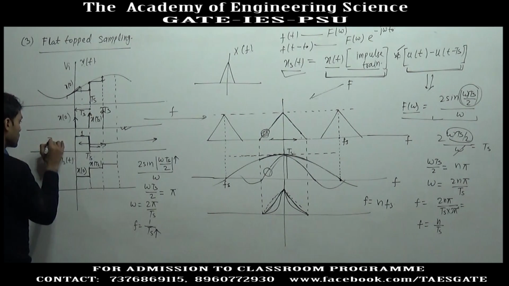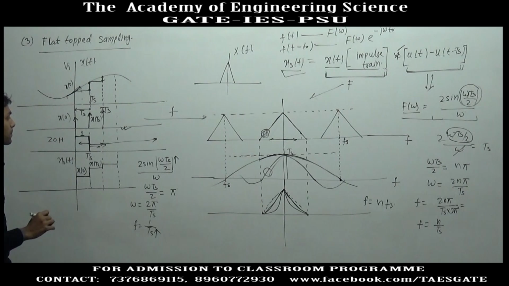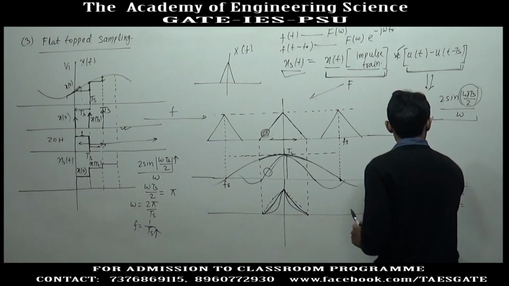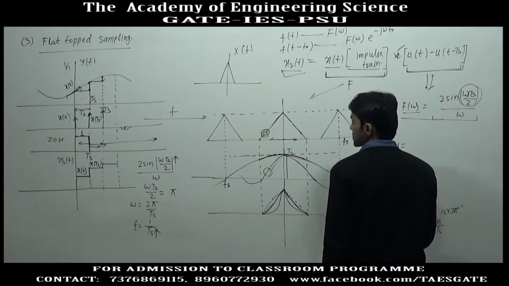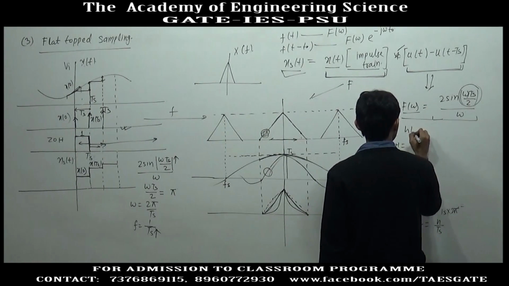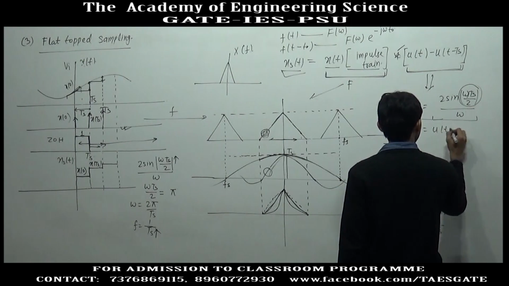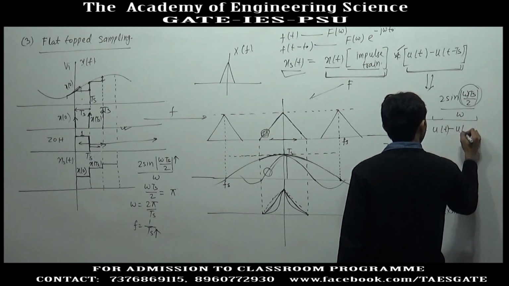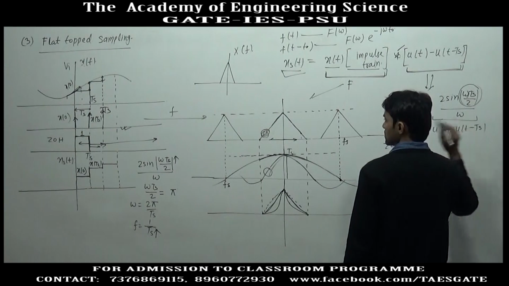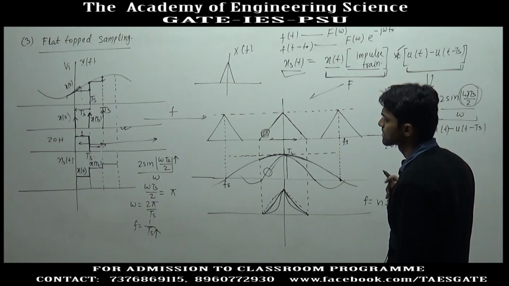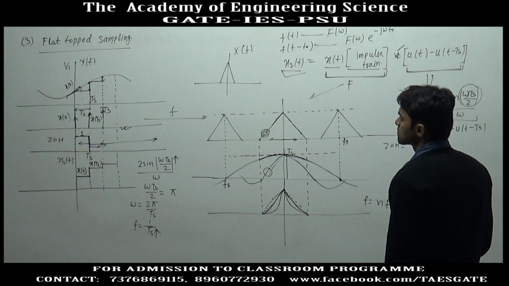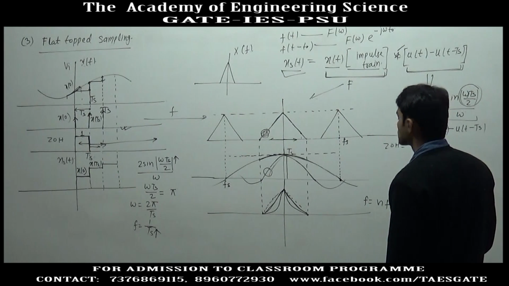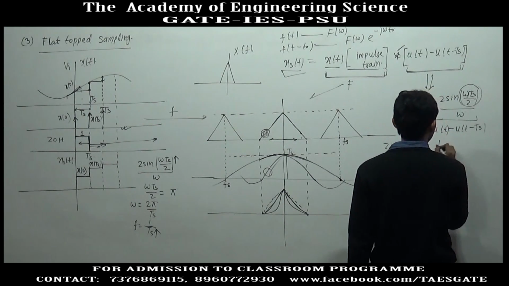This is also called zero order hold, and the equation of zero order hold is, this is h(t) for zero order hold, h(t) equals u(t) minus u(t minus Ts). So, this will be 1 by s.